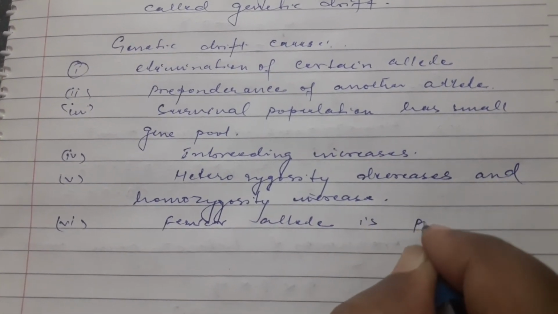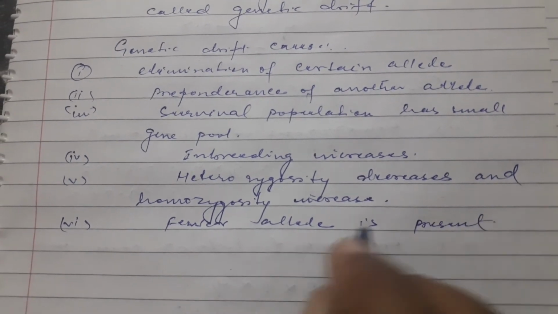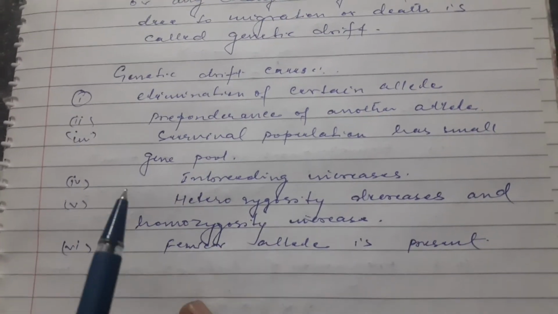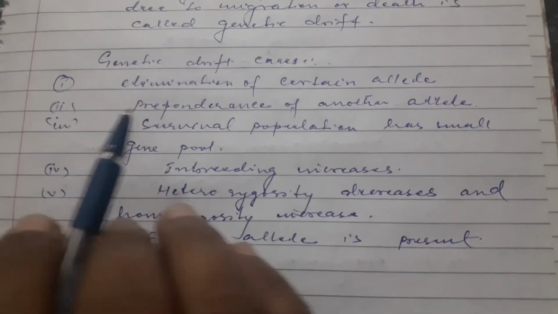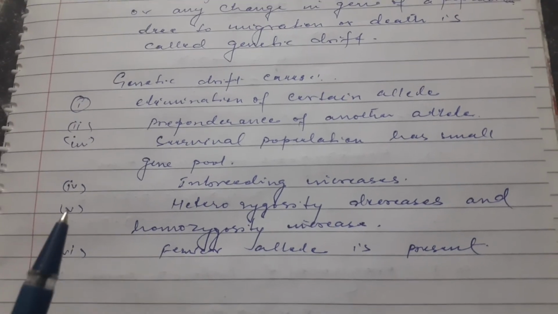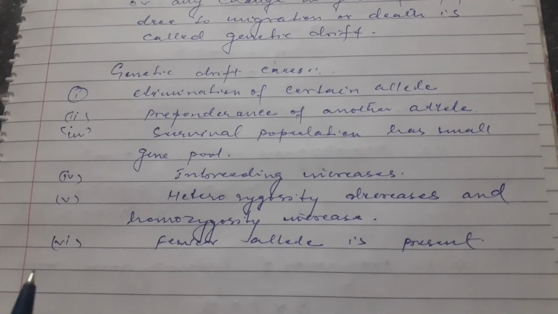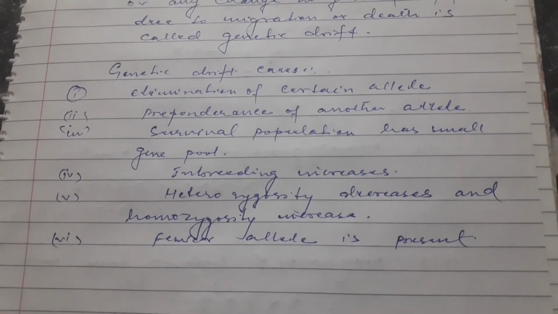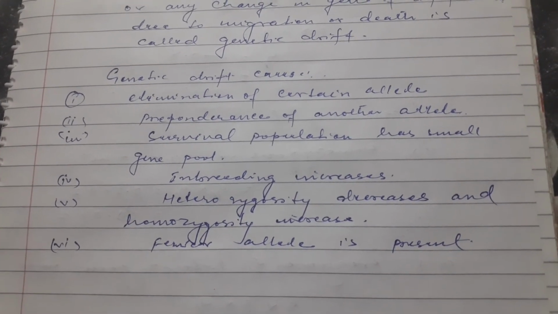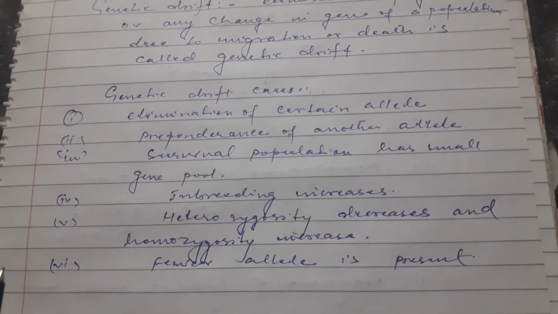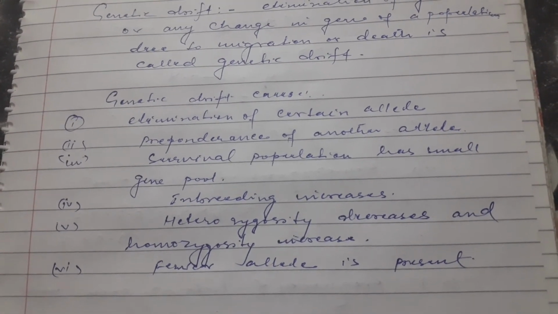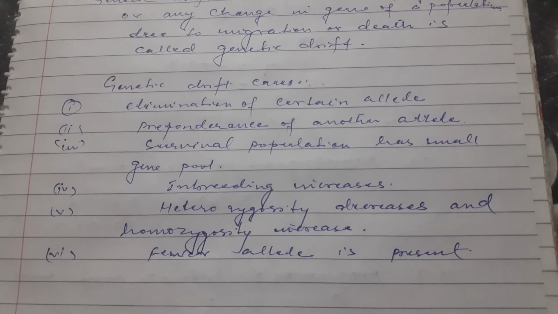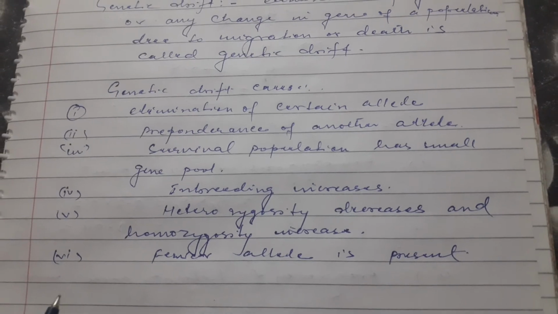If the population size is small and certain genes are eliminated, then what happens? There are fewer chances of outbreeding, and the individuals will be compelled to do inbreeding, and that will increase homozygosity and decrease heterozygosity.